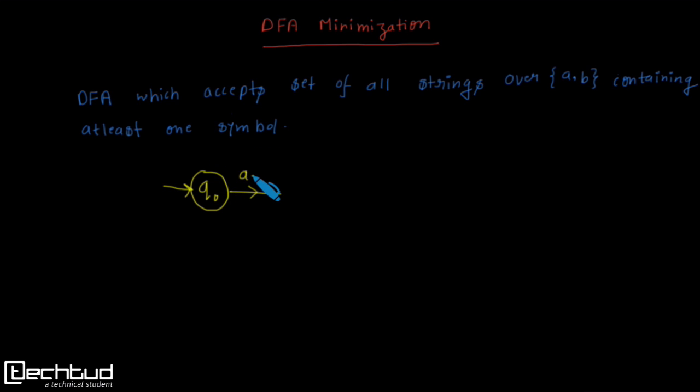So let's accept at least a or b. Then you can make a transition to a state q1, and here also you may draw the DFA like this.